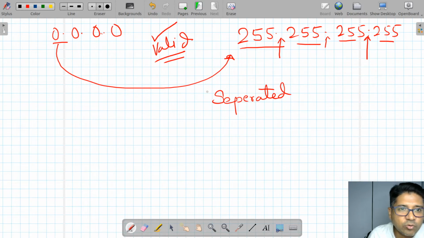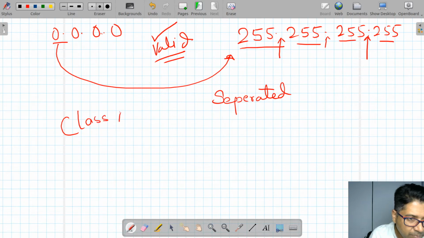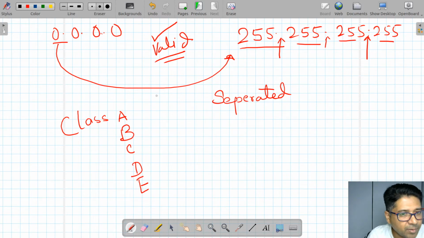So the first separation they have done is class A, then class B, class C, class D, and class E. They have separated in this format. So from 0 to 255 they have separated into 5 classes.